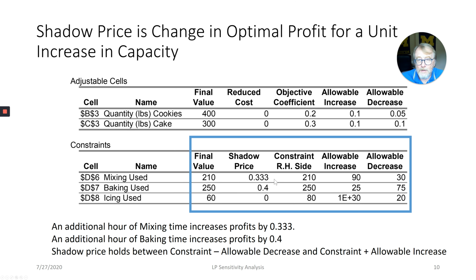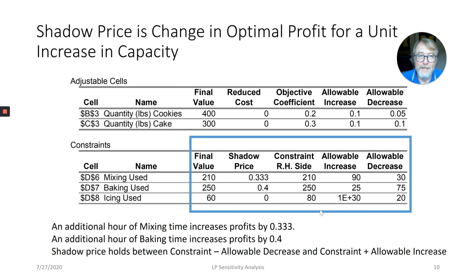Okay. Now, the really important concept here, and it's used even when people don't have a linear programming problem, is known as shadow price. The shadow price tells you, hey, if I could increase mixing by 1 hour, right? If I add an additional hour of mixing time, go from 210 to 211, how will my optimal profits change?